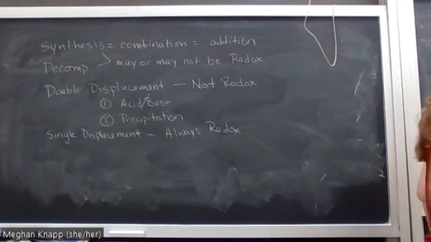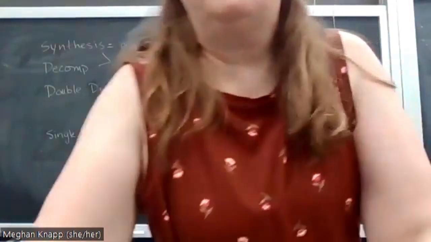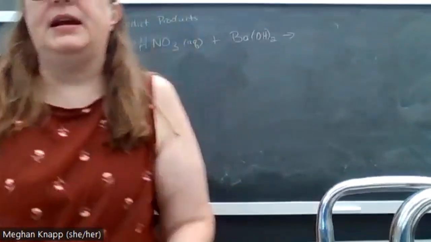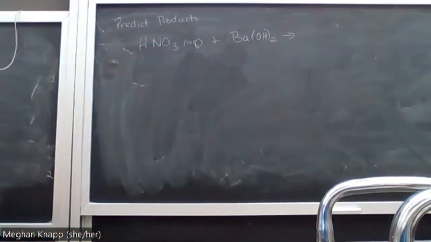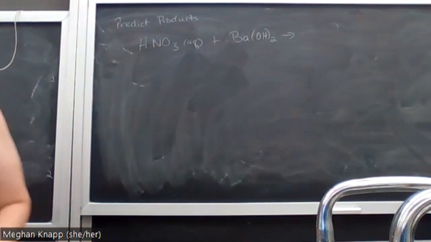So usually before we decide what we think the products are going to be, it's a good idea to decide what kind of reaction it is, because that's going to help us figure out what those products might be. So think about what those might be. I'll put the second reaction up as well.